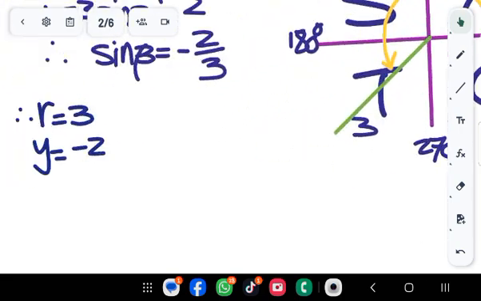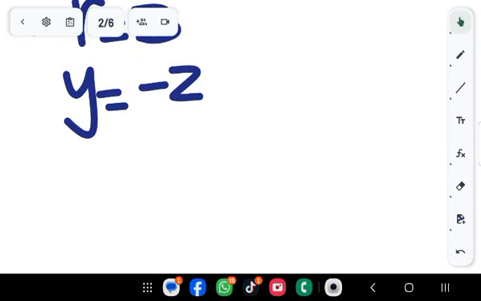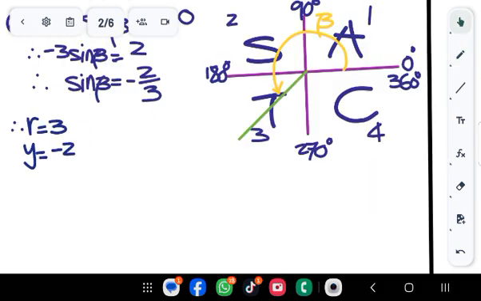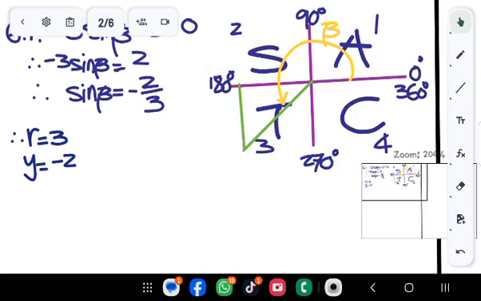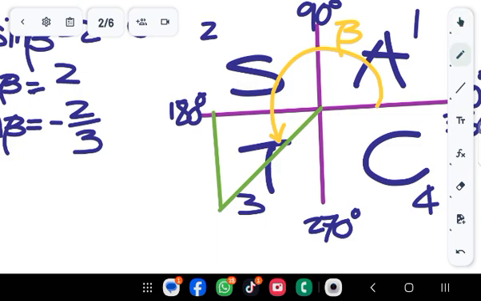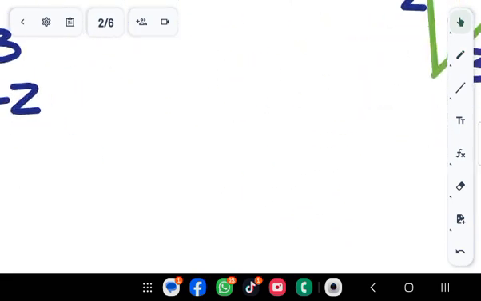Now, let's figure out all the other information that we need. We need to find what the adjacent is in this case. So the opposite is negative 2. We know that the hypotenuse is 3. We don't know what the adjacent is, and that's what we find.